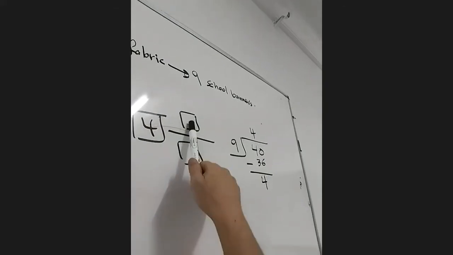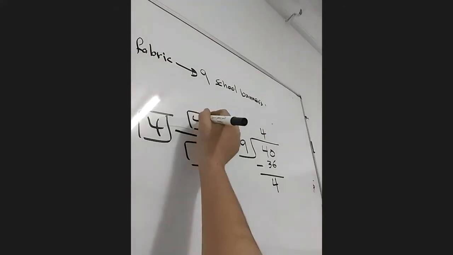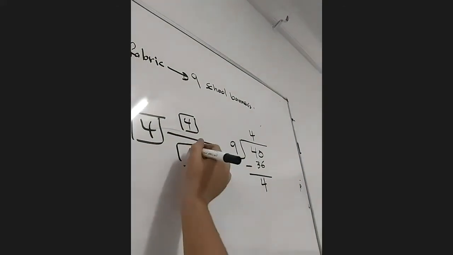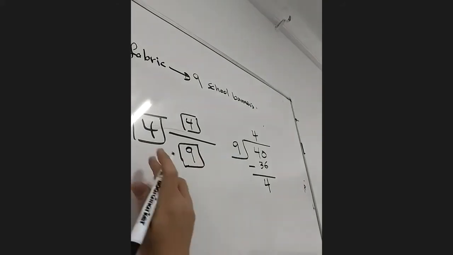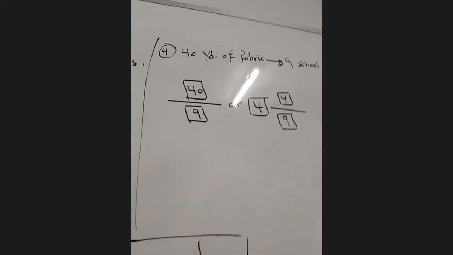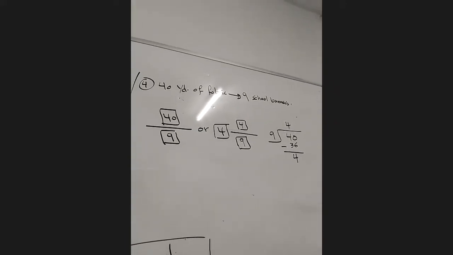The quotient, and here 4, and here 9. So how do we read it? 4 and 4 over 9, a mixed number. 4 and 4 over 9. Okay, Ghassan?